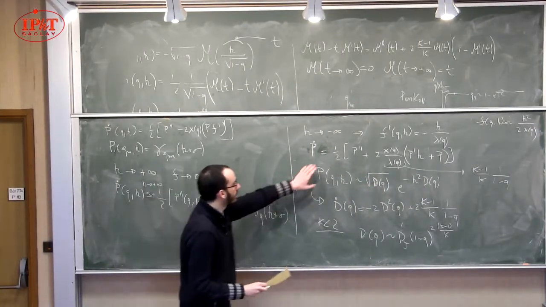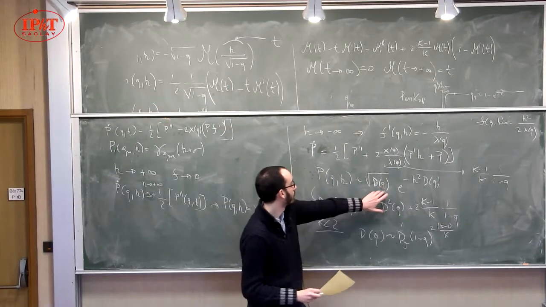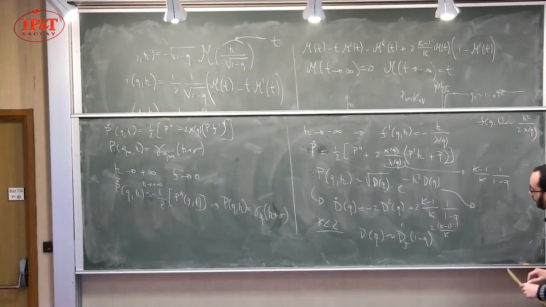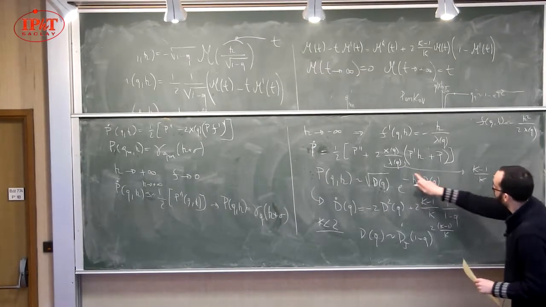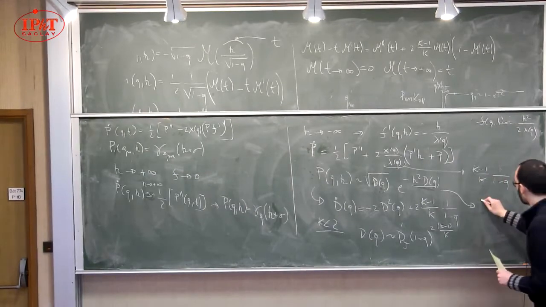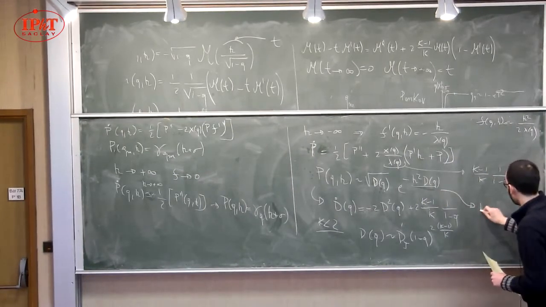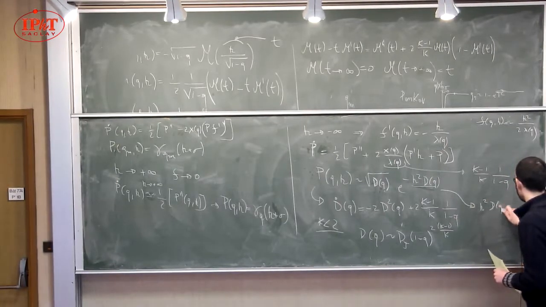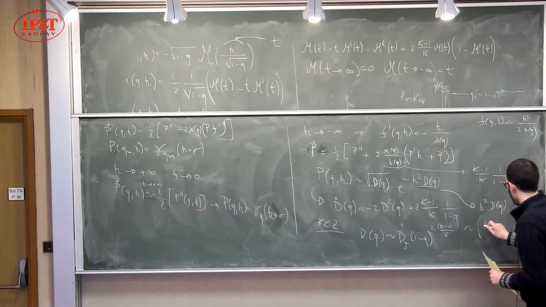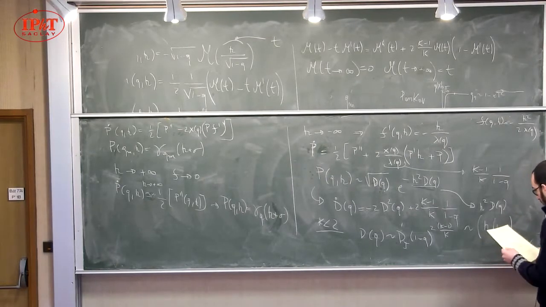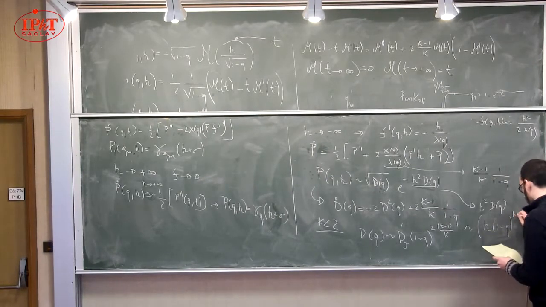So if we plug this into the expression for q, if you look at the argument of this exponent, apart from the sign, you have h squared times v of q, and therefore this is h times 1 minus q to k minus 1 over k.